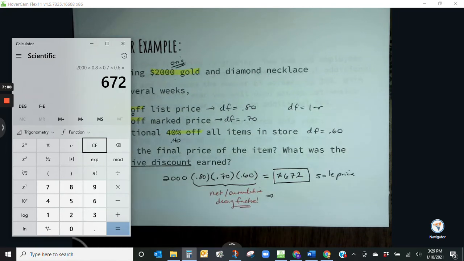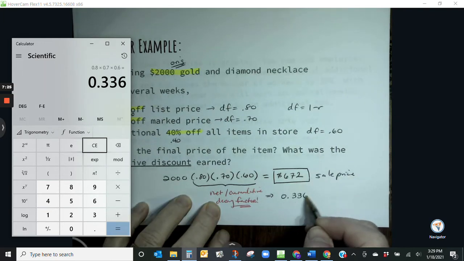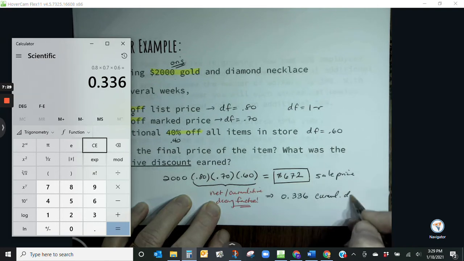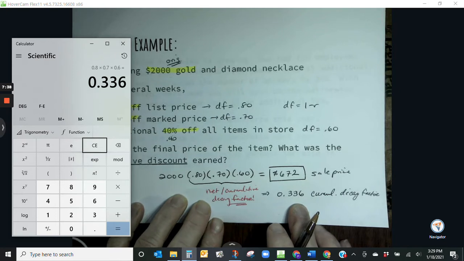If I clear this out, and I take 0.8 times 0.7 times 0.6, that product is 0.336. That is my cumulative decay factor. So overall, that's what I'm multiplying by.